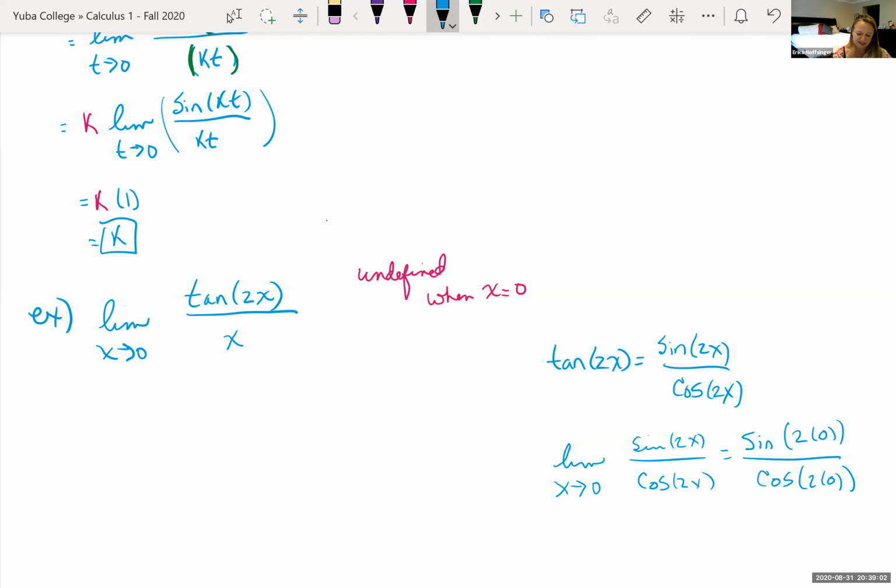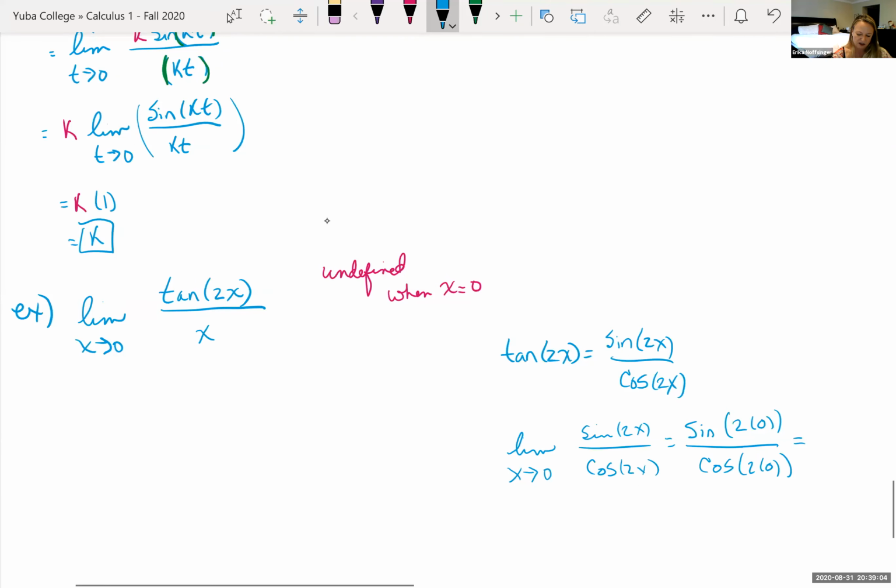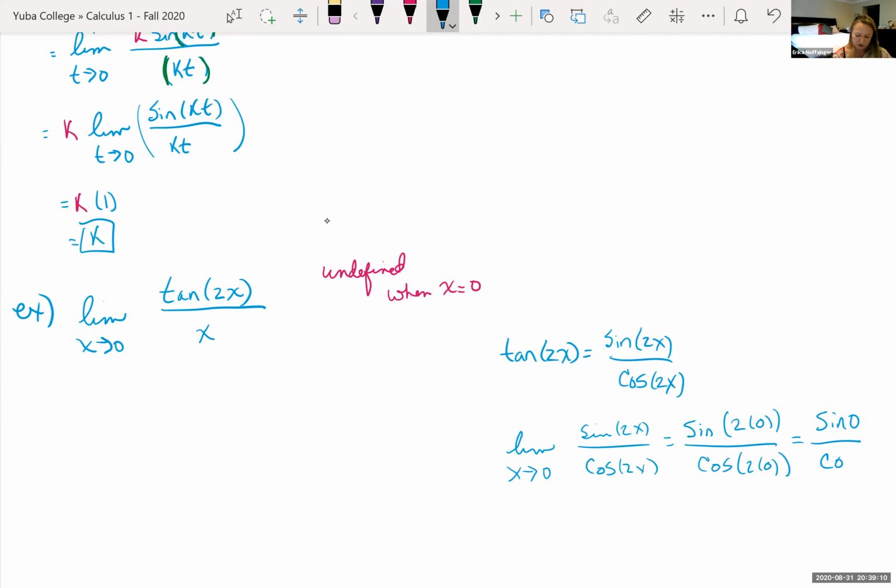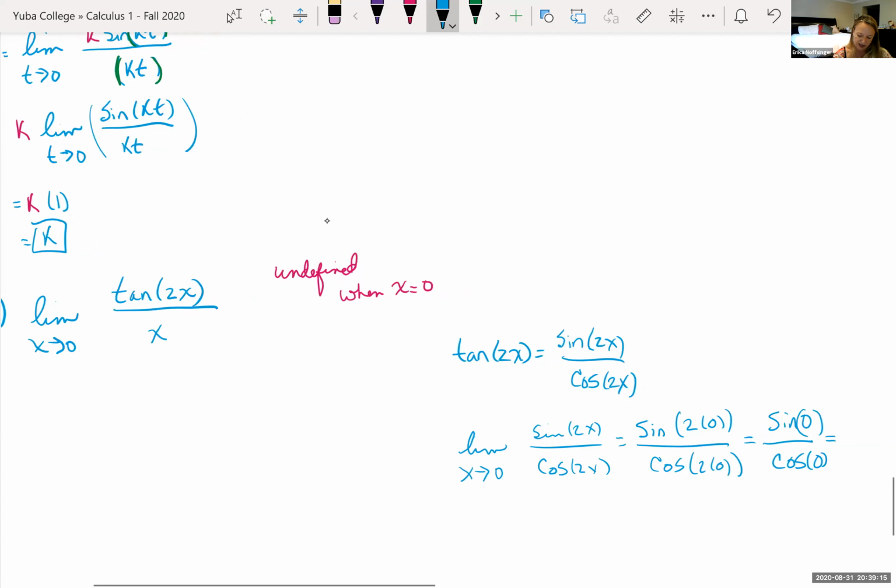Well, this is sine of 0, which is 0, all over cosine of 0, which is 1. So it's okay to have 0 in the numerator and a number not 0 in the denominator. And this is equal to 0.